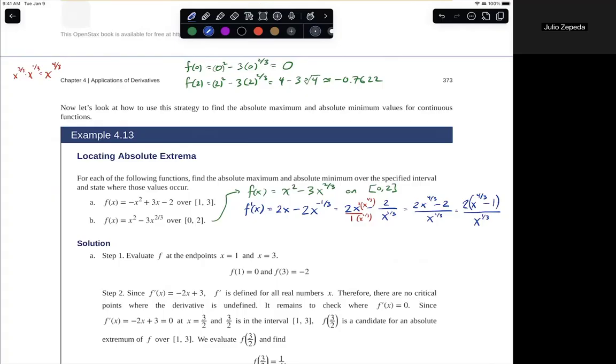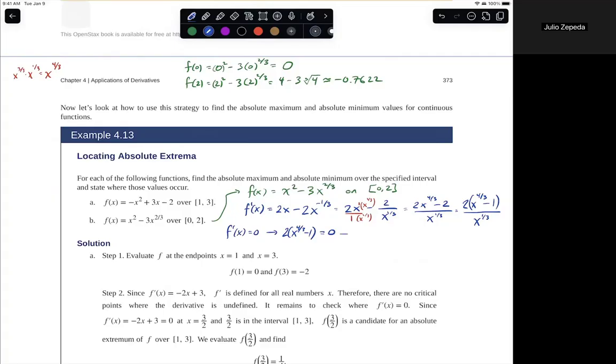Remember that the critical points are where this function is equal to 0, and that would be where the numerator is equal to 0. So f prime of x equals 0 is the same as just setting the numerator equal to 0. So let's figure out what that would be.